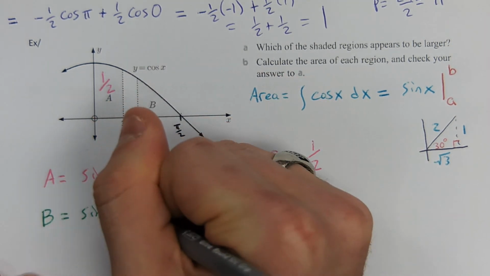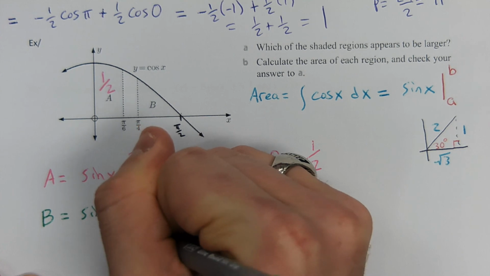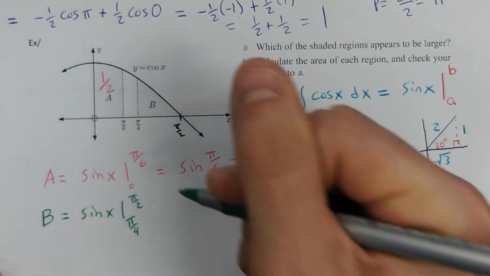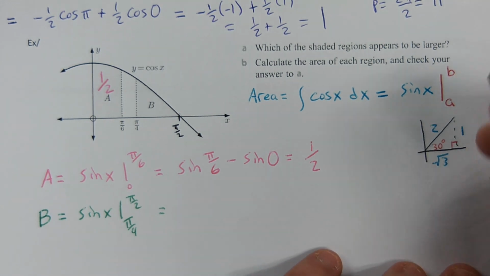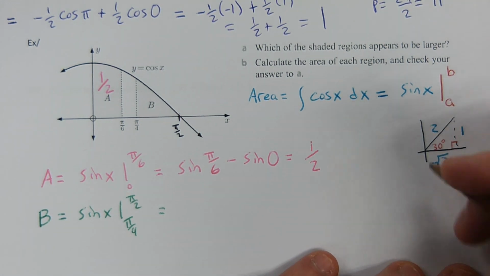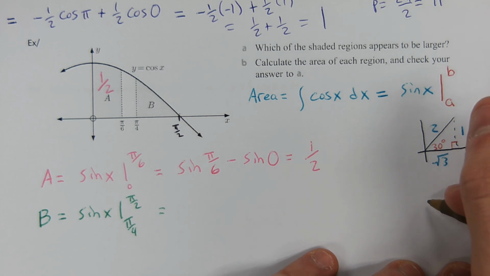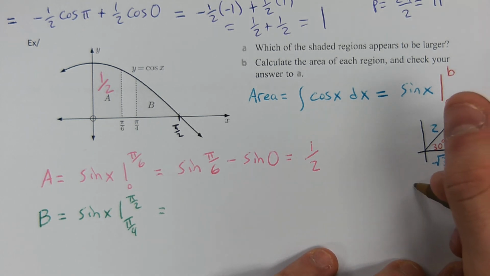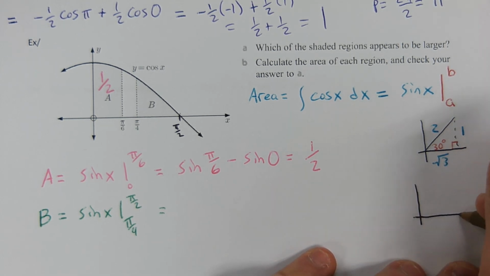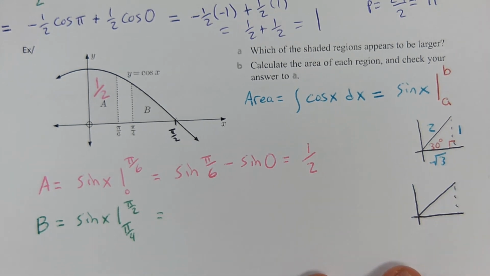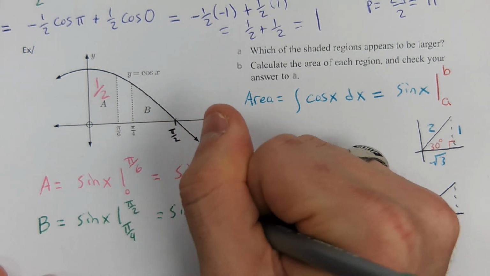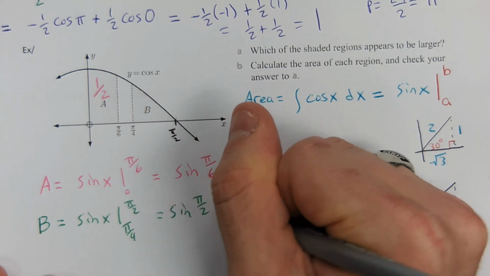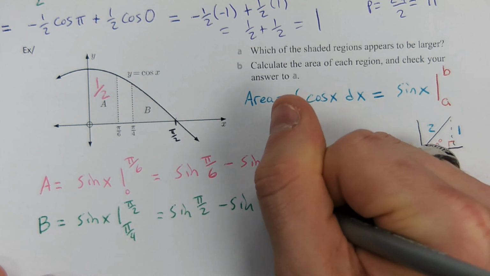So again, sine of x from pi over 4 to pi over 2. Pi over 4 is a 45-degree angle. Oh, I forgot to write it. Sine of pi over 2 minus sine of pi over 4.